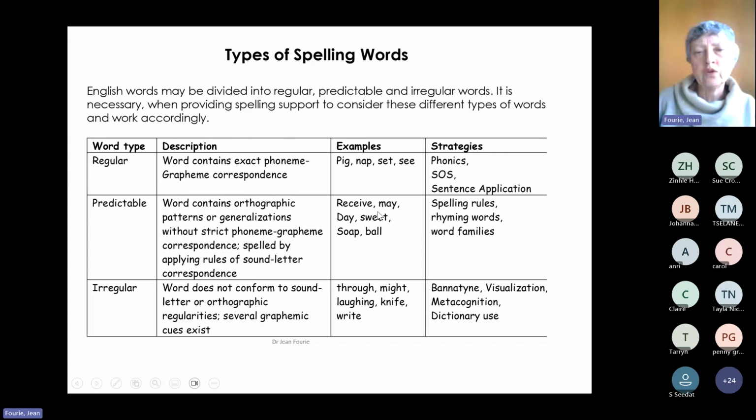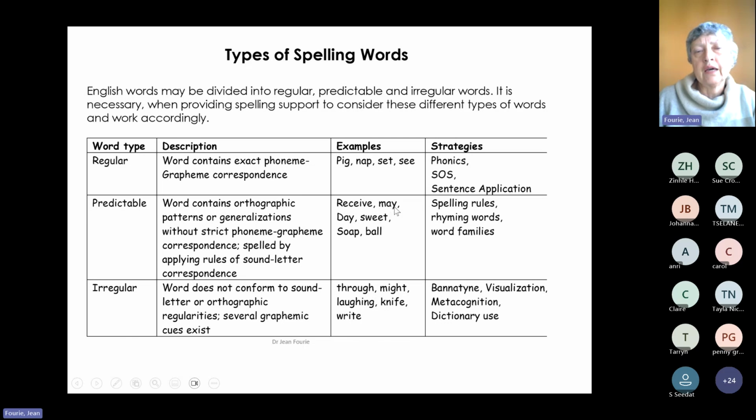So if we look at some of these words, receive, one never knows whether it's an R-E-C-I-E or an E-I. That's a confusion. But there is a rule that's got to do with E before, if it's a C, then it's an E-I. And if you know those rules, then you can apply them to these words, as in may and day.